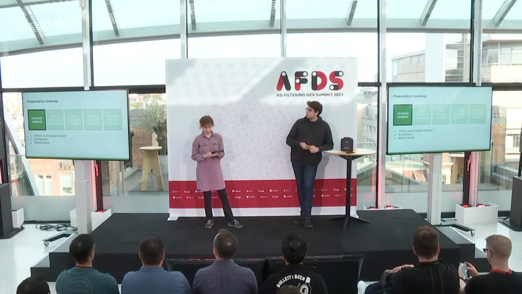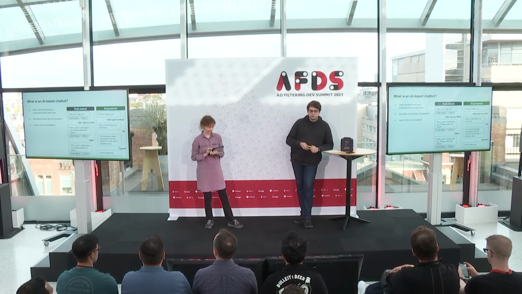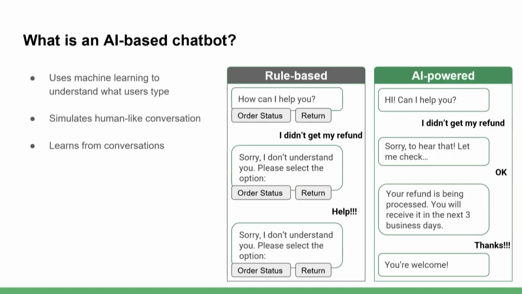So let's talk about chatbots, what they are, how they differ from scripted chatbots, and how they're delivered as a service. You've probably all seen a chatbot. I mean those pop-up dialogues on the screen that usually ask for your contact details before they even attempt to help you.